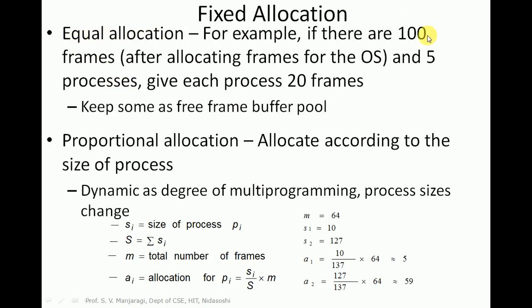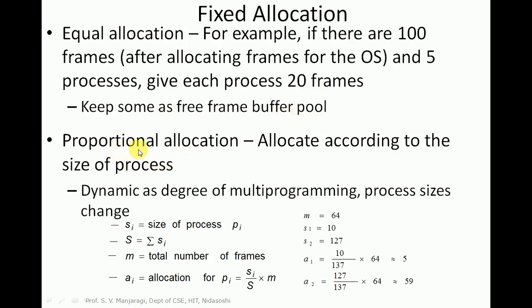You simply divide 100 by the number of processes, 5, so 100 by 5 will get 20. Each process will get 20 frames. So there will be equal sharing of the available frames. But we need to keep some free frames in the buffer pool because they may be required for some cases.